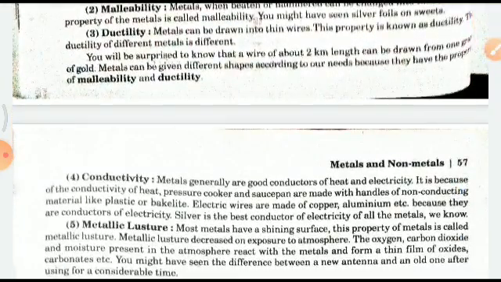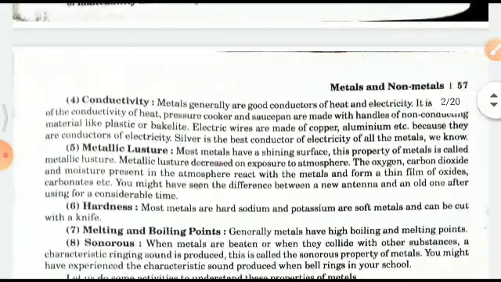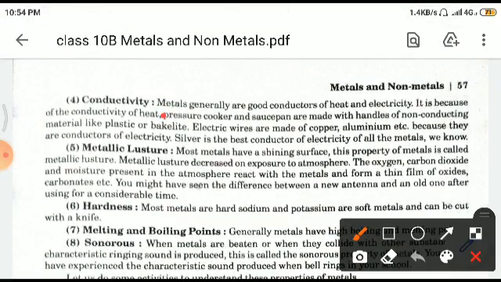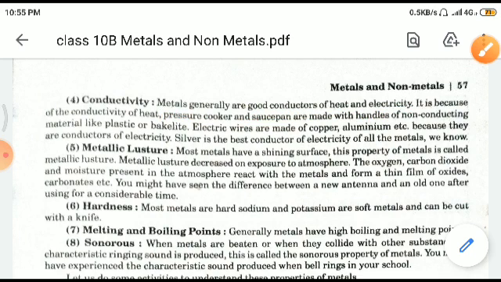Conductivity. Metals are generally good conductors of heat and electricity. Remember this, children. Example being copper, from which wires are made. Metallic luster. Most of the metals possess a shiny surface. This property is called metallic luster, the shine.